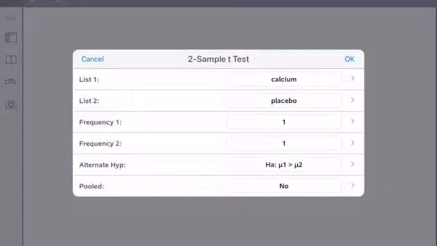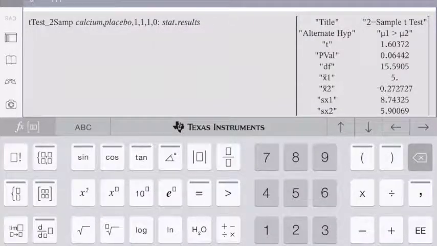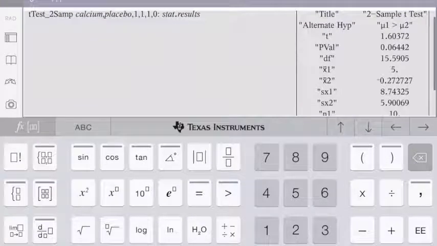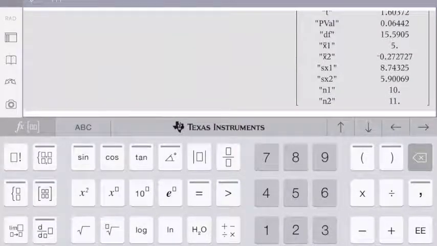And we're not pooling. Okay, we need to write all of this stuff down. Our p-value is 0.06, which is close to significant, but not significant. Remember, there's a lot more to that. You need to write all this stuff down. I'm not going to do it to save you some time, but then we can interpret.